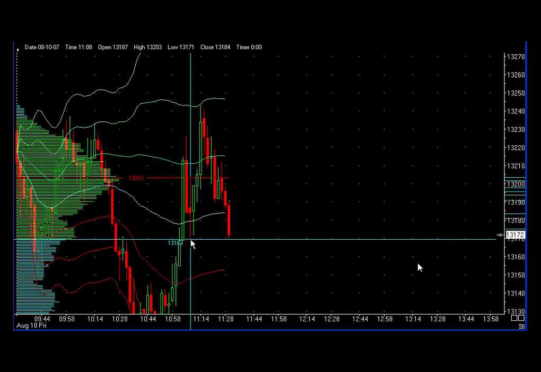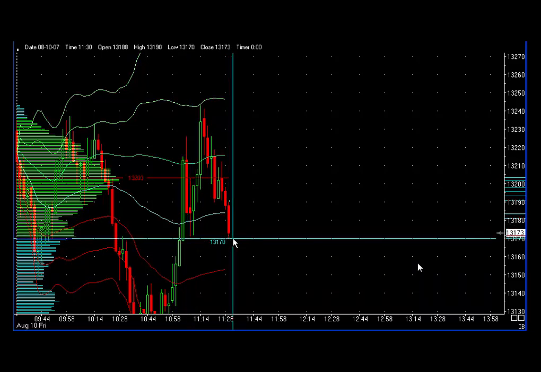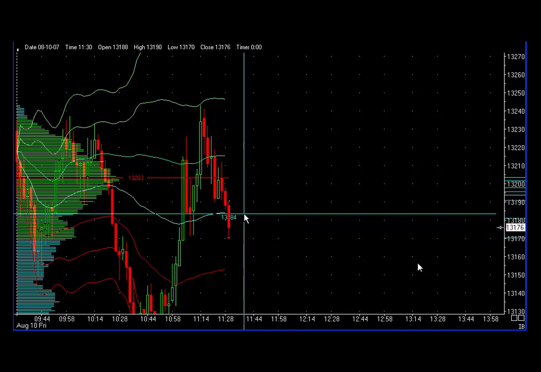And you lost on this bar, or at least you broke even if you took the trade to the downside. So that could happen here too. 13,183. Let's see if this thing retraces back up to the VWAP.